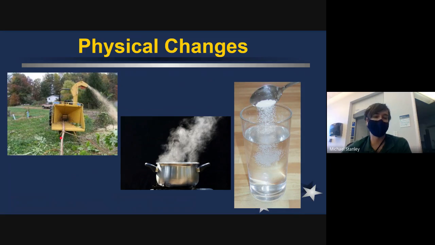We're going from a nice big tree branch to tiny little particles of wood. It's still only a physical change because we're starting off as wood. These little pieces are still little pieces of wood. They're just much, much smaller than it was before. So we're starting off with wood, we're ending up with wood. We're just changing how big and how close together the pieces are. So that is a physical change. We start and end with the same stuff.